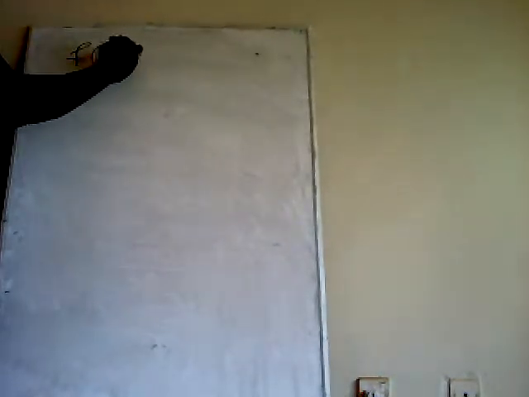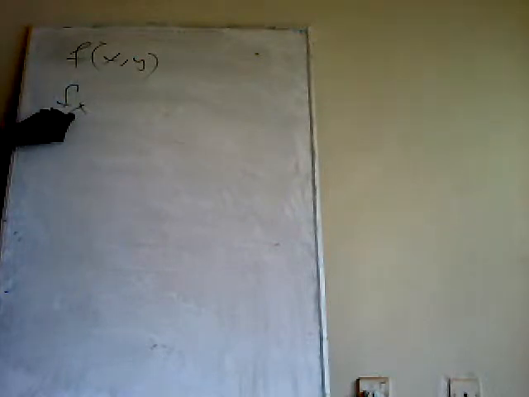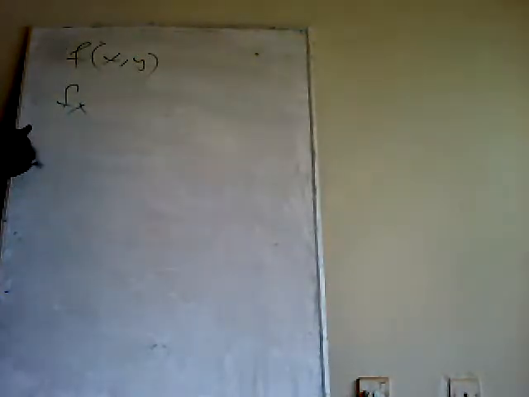Now we go to what we call differentials, or the total differential. fx is the rate of change of the function with respect to x, keeping y fixed, if a function f depends on x and y.